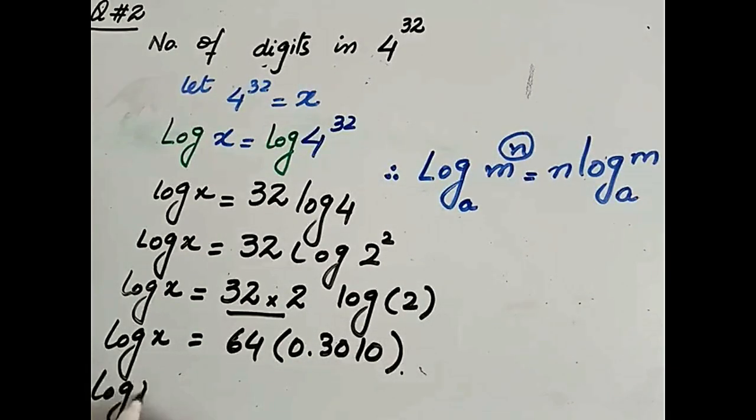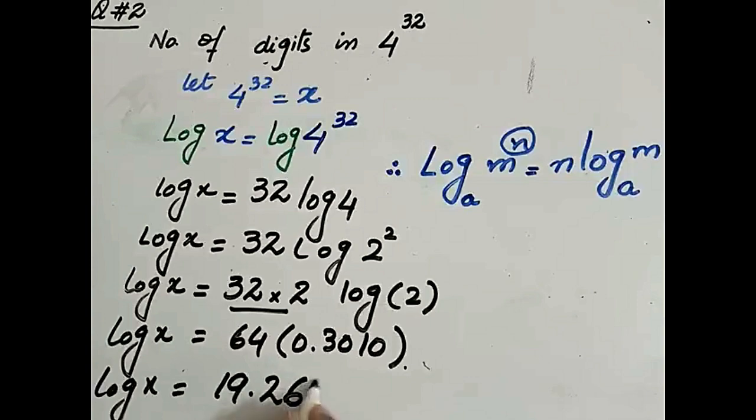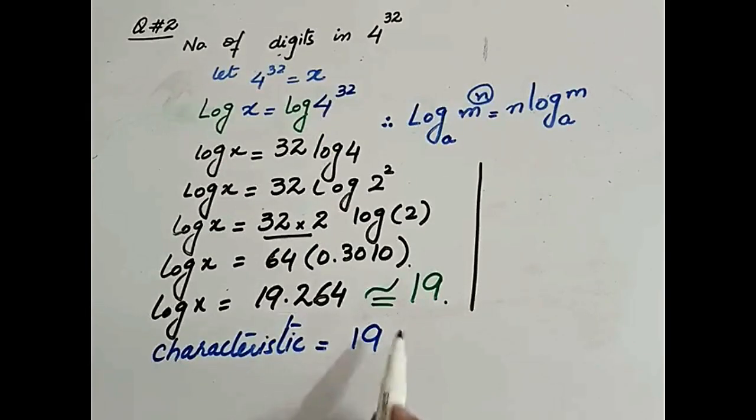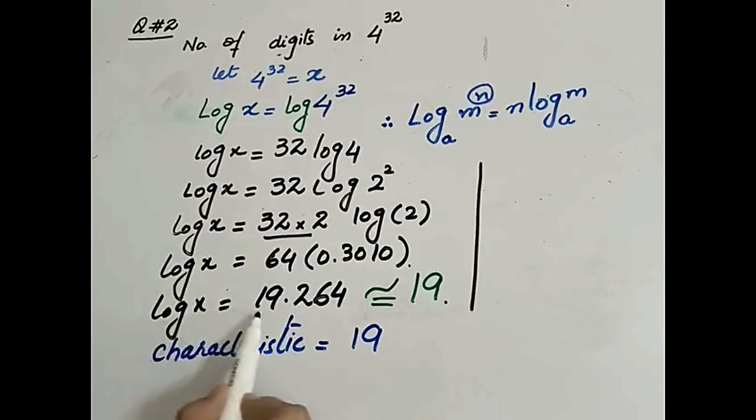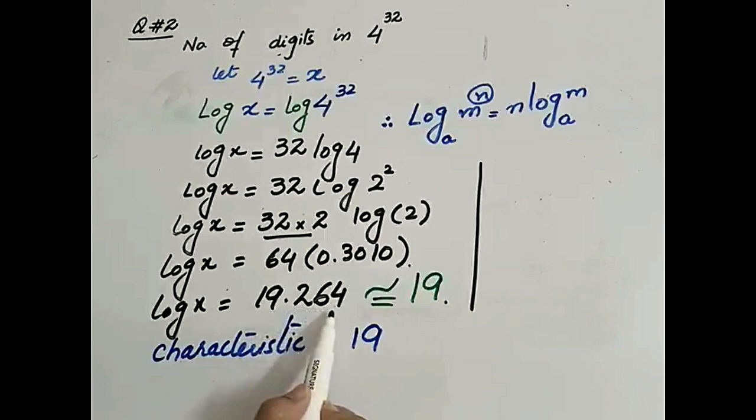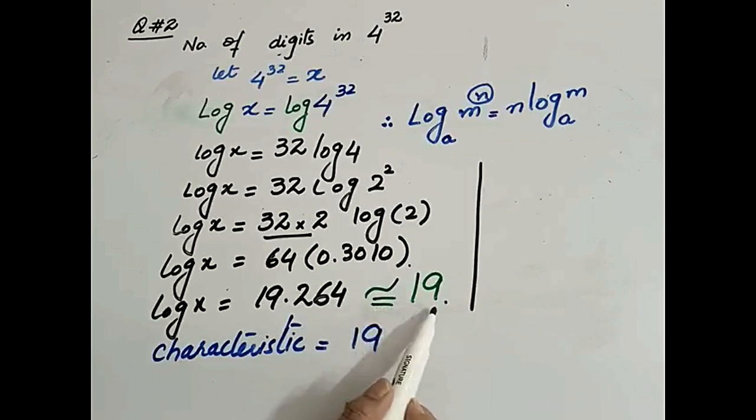So log x is equal to 19.264 and that is approximately equal to 19. So here log x is equal to 19.264, that is approximately equal to 19.